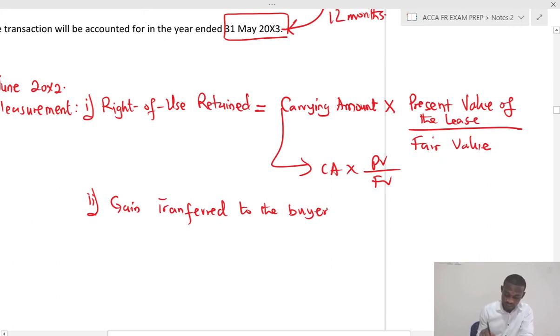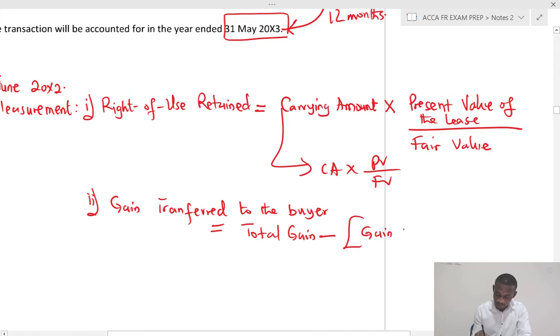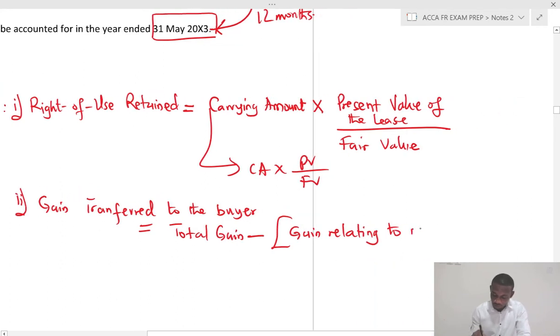So the gain transferred is calculated as total gain on the sale less the gain relating to right of use retained.